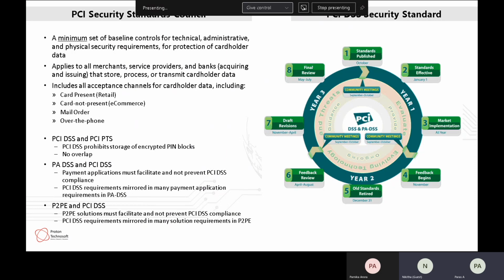You can store expiration date as well, but you cannot store, under any circumstances, any authentication information like CVV2, like ATM PIN, like P-PIN, CVV. So you cannot store any sensitive authentication data. Even in the encrypted format, you cannot store it. That's what the PCI DSS and PTS talks about.